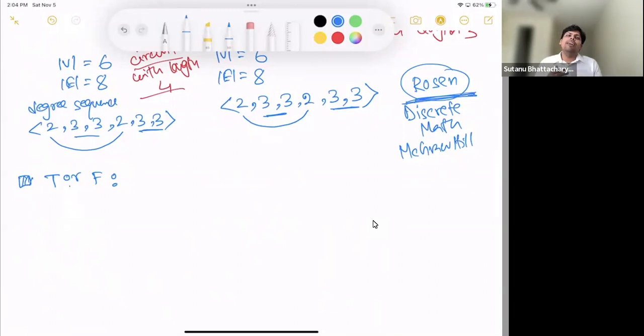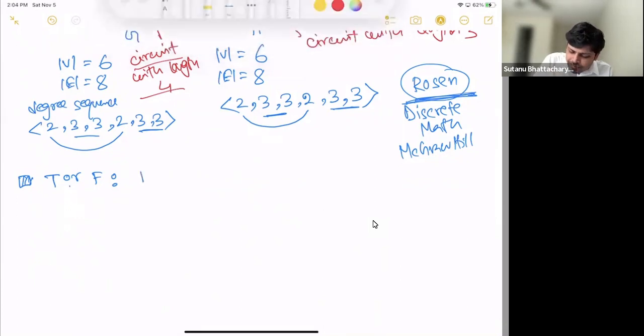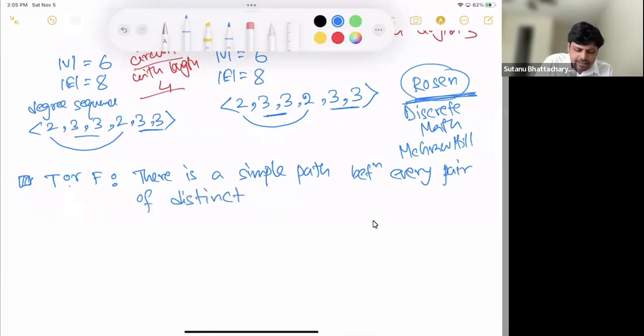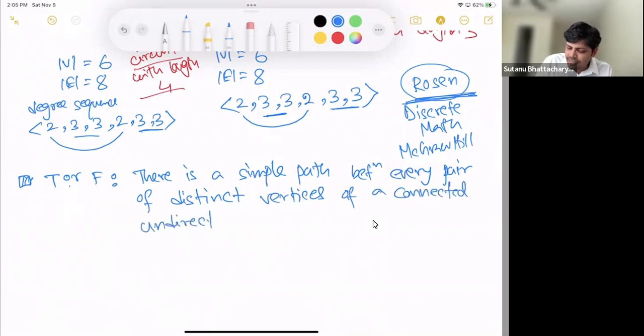Okay, I am writing one statement. Your job is to check whether that's a true statement or false statement. The statement is: there is a simple path between every pair of distinct vertices of a connected undirected graph.